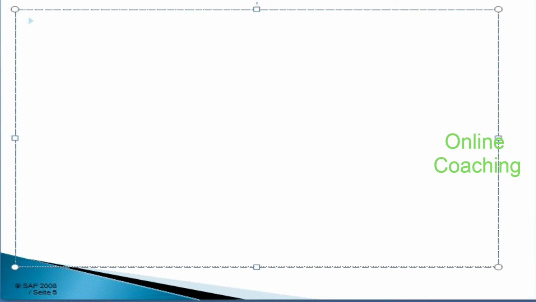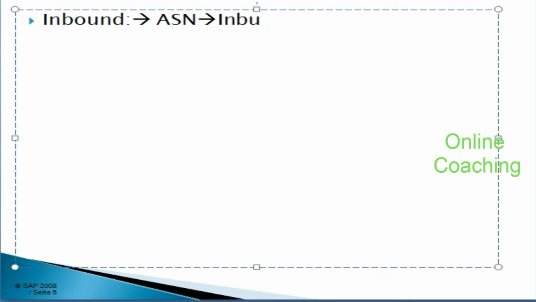So on the inbound side, in the ERP, once we have a plant and a storage location, what is the starting thing? If goods are expected from the vendor, the vendor will send us the ASN, which will create the inbound delivery.